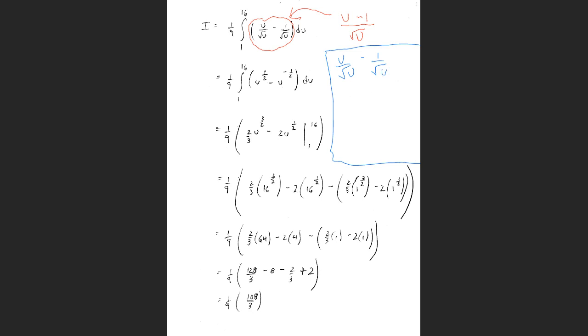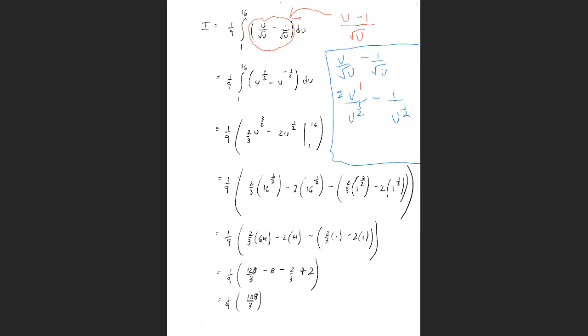So u over root u is the same as u over u to the half power. And 1 over root u is 1 over u to the half power. But u over u to the half power is the same as u to the first power over u to the half power.